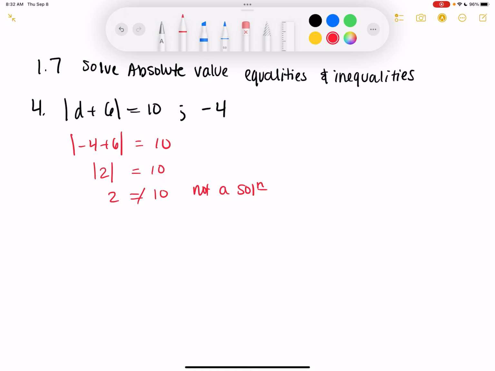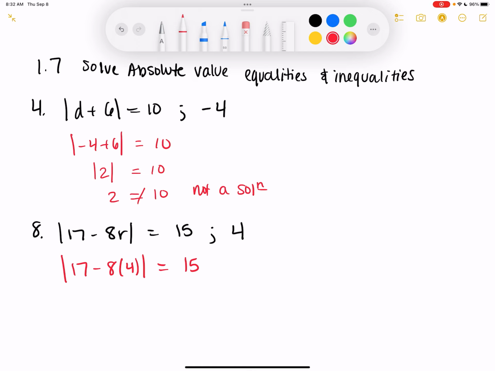All right, let's do one more like that. Number 8, the absolute value of 17 minus 8r equals 15, and it wants us to do it for 4 this time. So we're going to plug 4 in. The absolute value of 17 minus 8 times 4 equals 15.